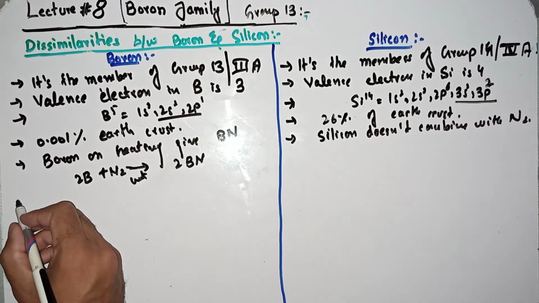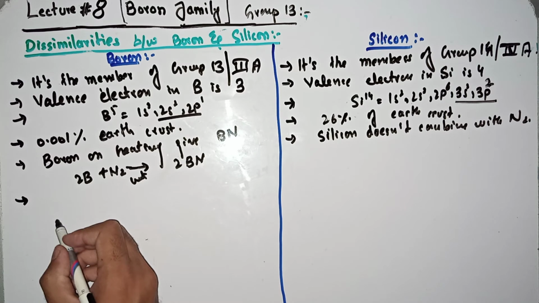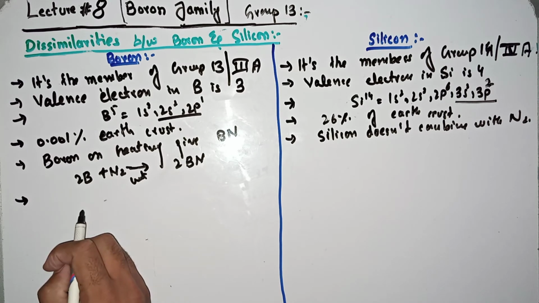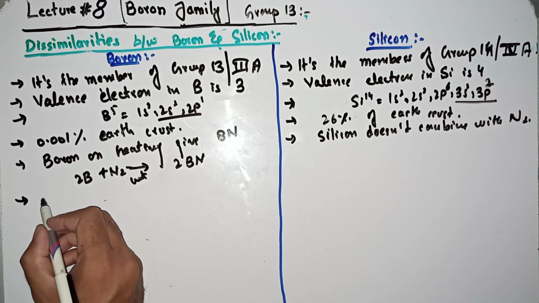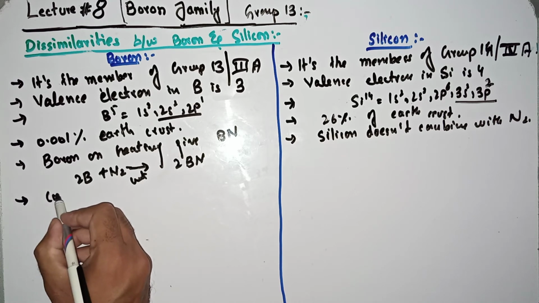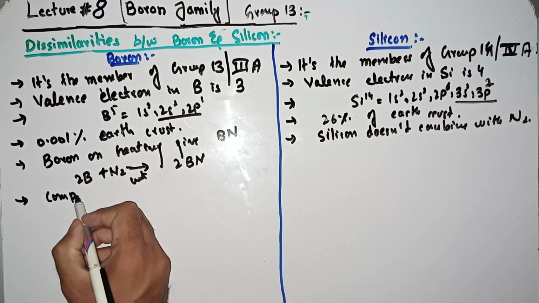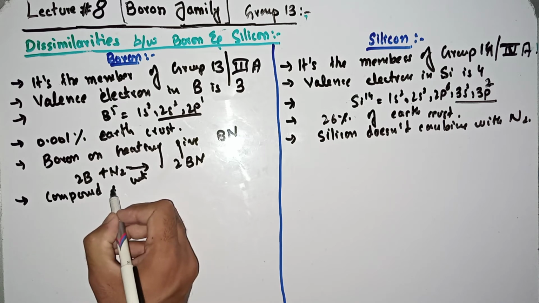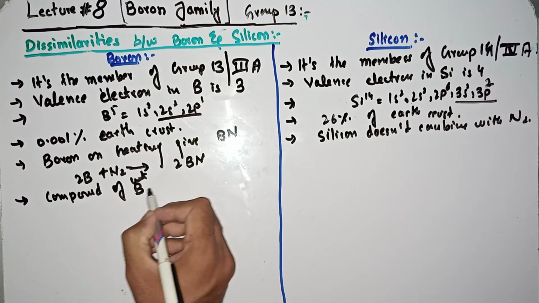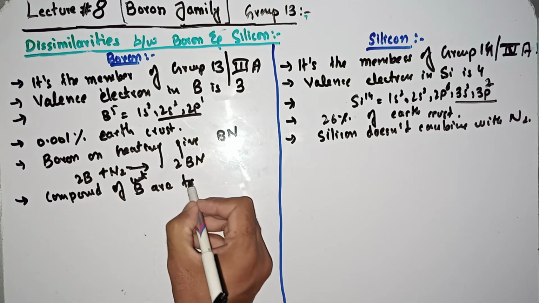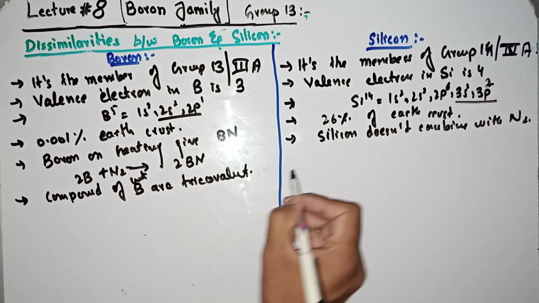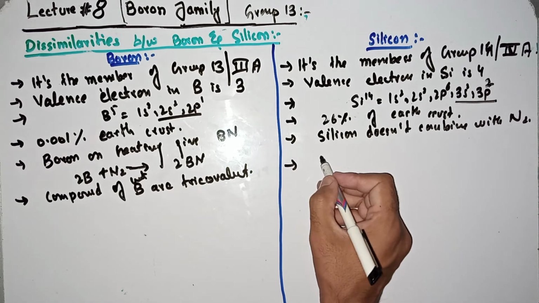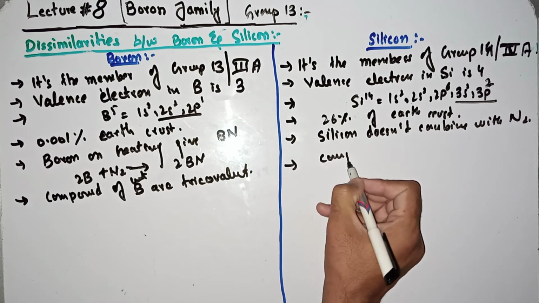Another difference is that boron is tricovalent in its compounds. Mostly the compounds of boron are tricovalent, while the compounds of silicon are tetracovalent.